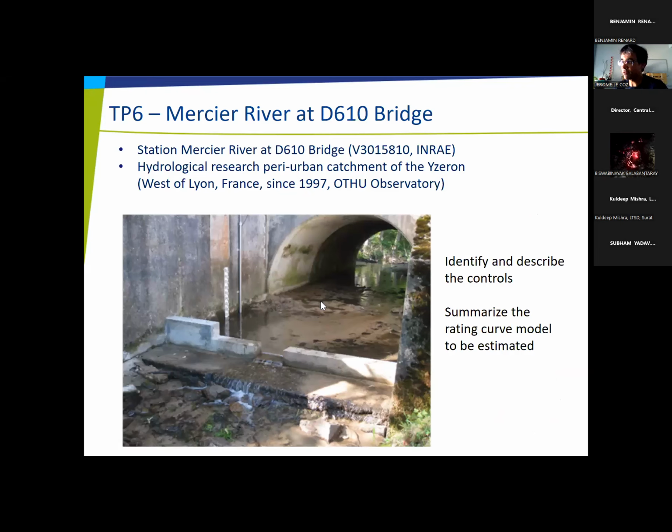It's a small river, quite a lot of sand. That makes some troubles for us. We have to clean it regularly, and we have built this small wall to get a better control of the rating curve. So you can see the staff gauge here. In that steel pipe, we have the water level measuring system.